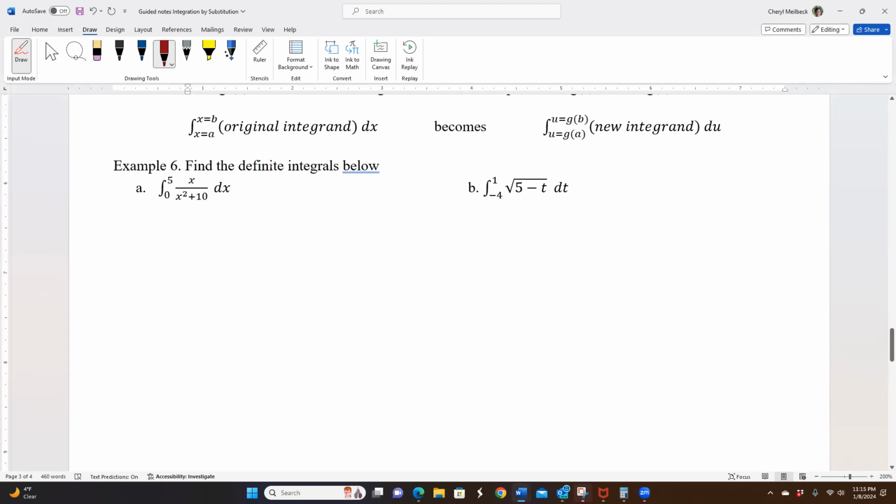So let's integrate example 6, part A, where it says integrate from 0 to 5 of x over x squared plus 10 dx. Let's identify this x squared plus 10 as our u.